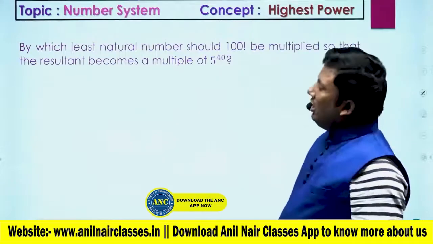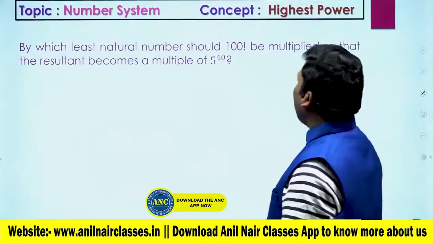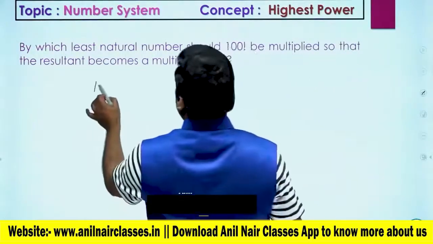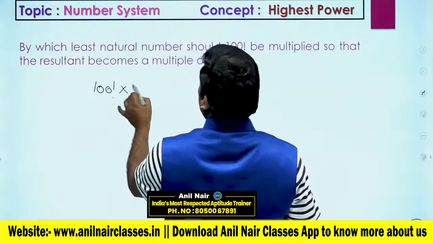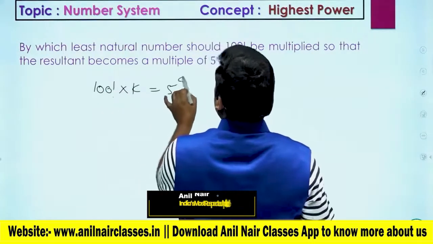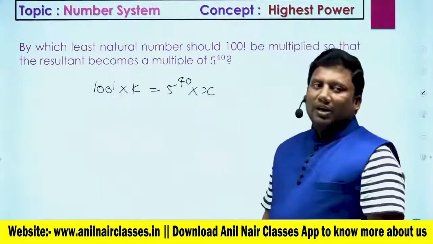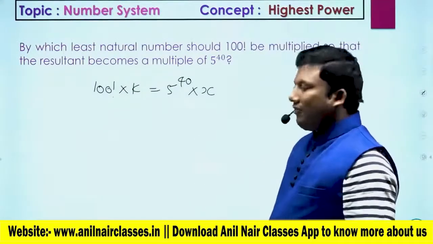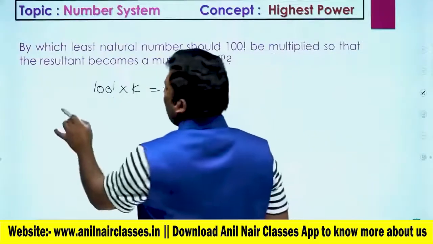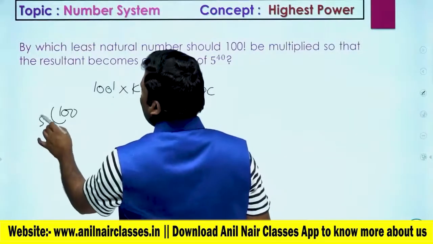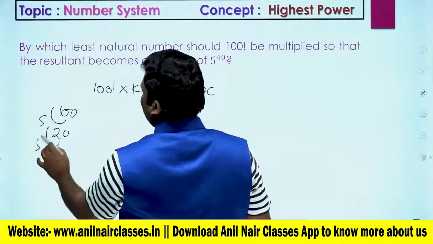By what least natural number should 100 factorial be multiplied such that the resultant is a multiple of 5 power 40? So it will be 5 power 40 into x. In 100 factorial, how many powers of 5 are there? 5 20s are, 5 4s are.